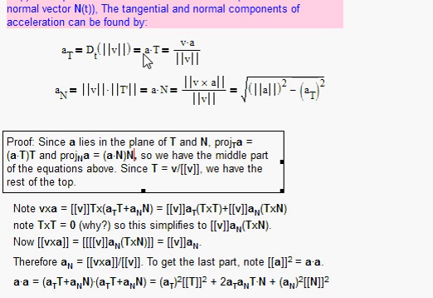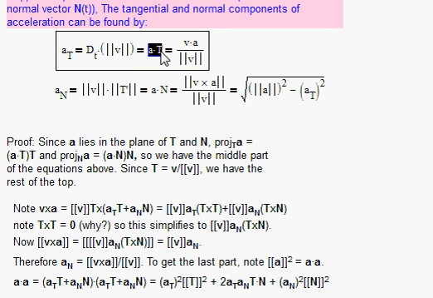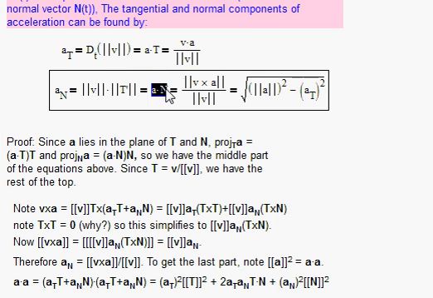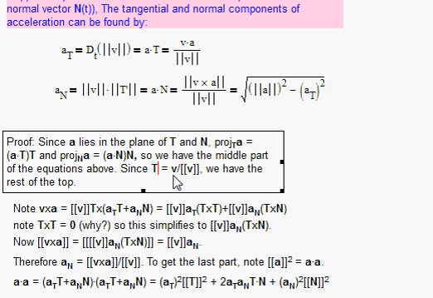That's, you know, this part, this part. And since T, the unit tangent vector, is the velocity vector divided by its length, we have the rest of the top, in other words, this part.